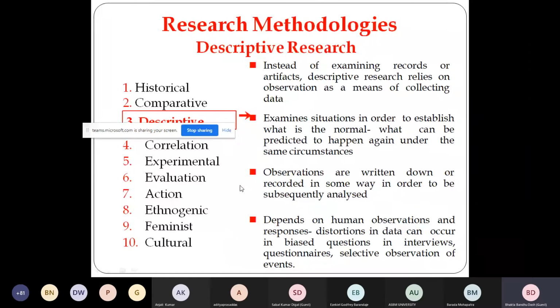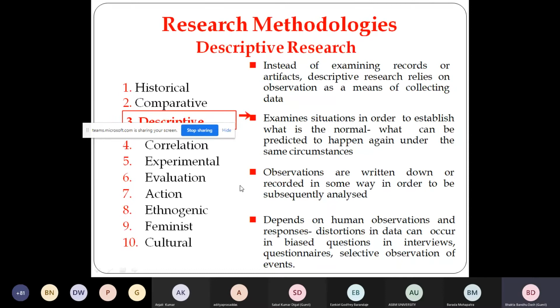If you talk about descriptive research, sometimes it becomes futile if there are biased questions or biased interview processes being adopted. So ultimately, the actual, right information we never solicit, we never receive, and we go on analyzing, and that becomes a biased report. That is the biggest concern of this particular research.